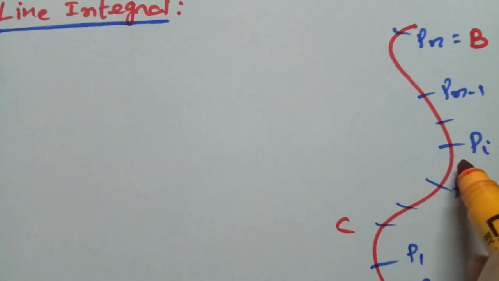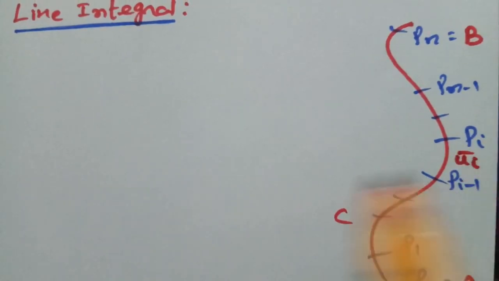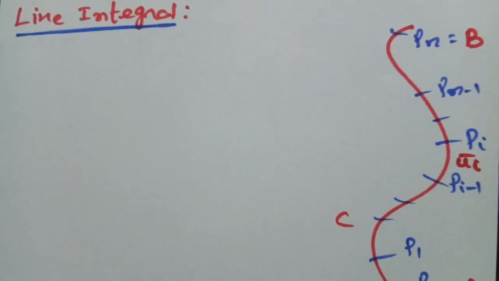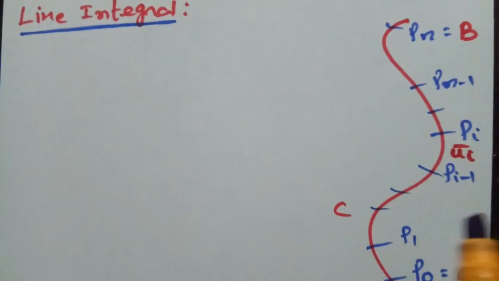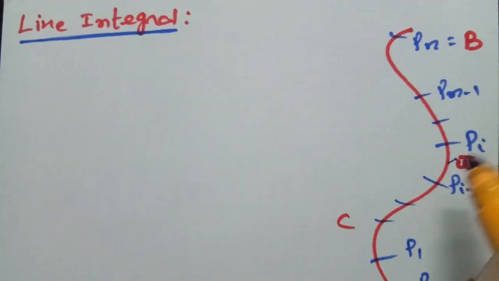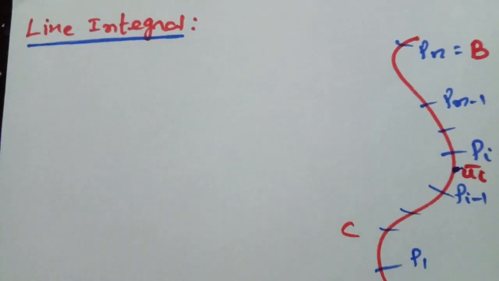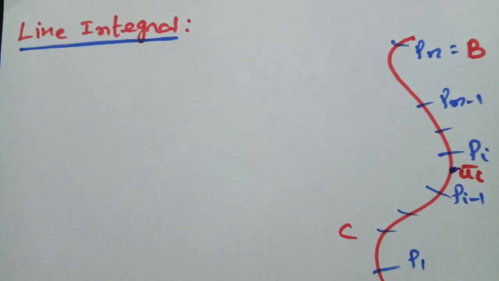Let Ui bar be the position vector of any point on the arc Pi minus 1 Pi.